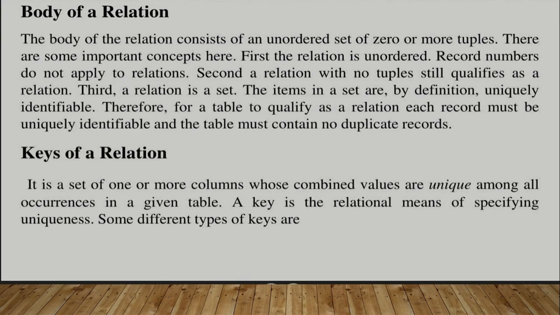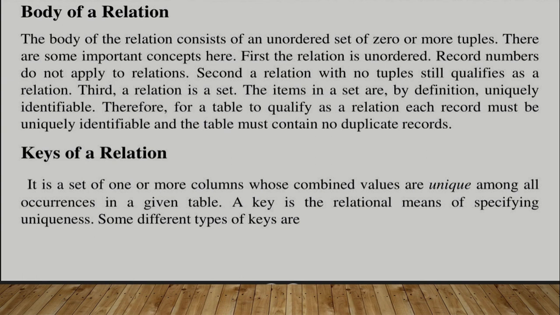Then we have the body of the relation. The body of the relation consists of an unordered set of zero or more tuples. Some of the major concepts used in the body of the relation are: first, the relation is unordered. Second, a relation with no tuples still qualifies as a relation.